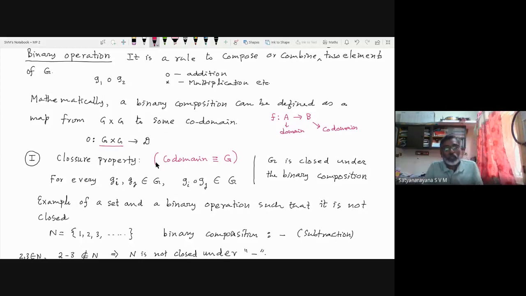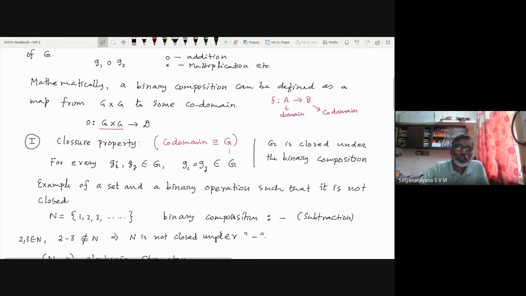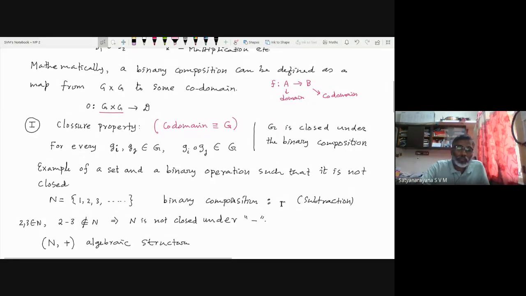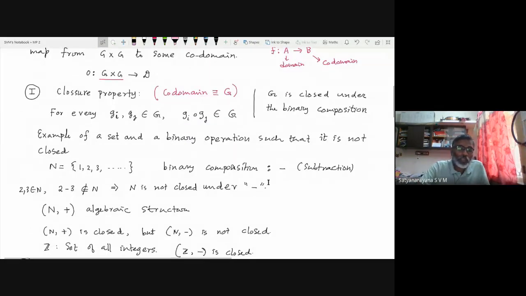So closure property tells you that the codomain is G only. But if it is not closed, then I'm not sure. For example, I gave an example here of minus. If I combine two elements, I will get something which is not in N, right?